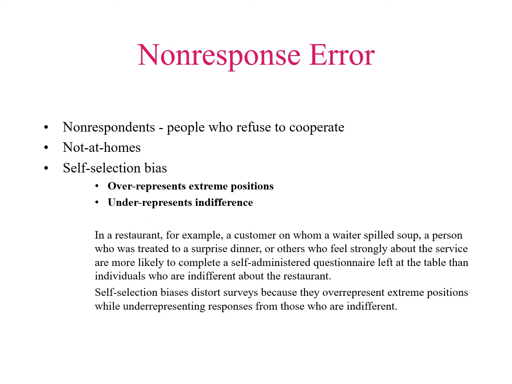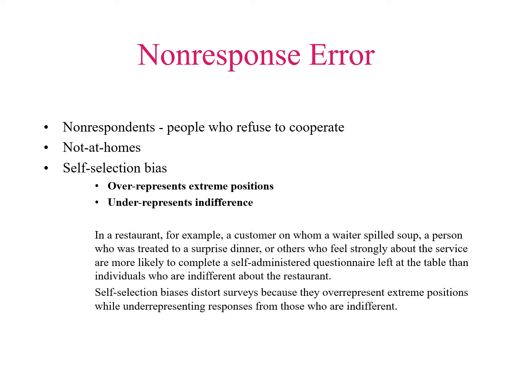Non-response error involves non-respondents, people who refuse to cooperate, or who are not at home, and self-selection bias can be there. That means it overrepresents extreme positions and underrepresents indifference.